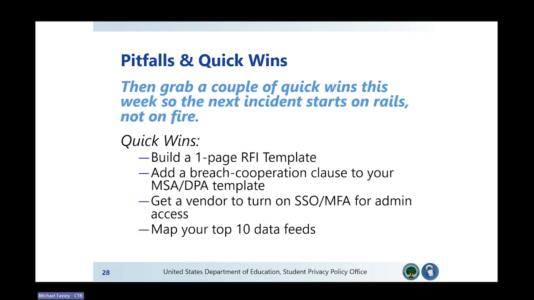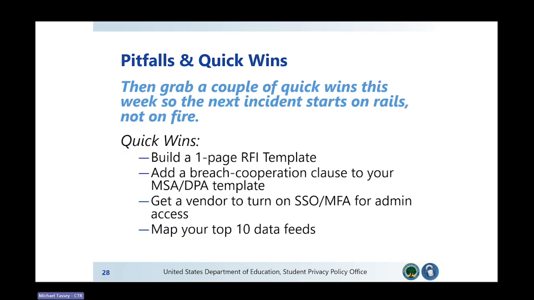Some quick wins. Build a one-page request for information template that you can send to a vendor, right? That talks about, hey, I'd like information about the event, the detection, all of the things that we talked about, and let's establish a cadence for updates, and keep that in your incident response folder. Add a breach cooperation clause to your MSA and DPA templates, right?